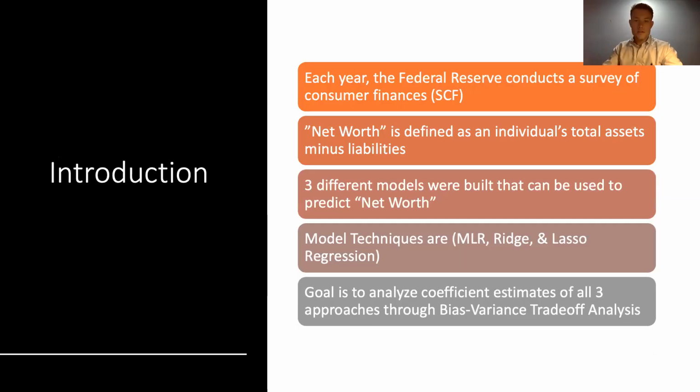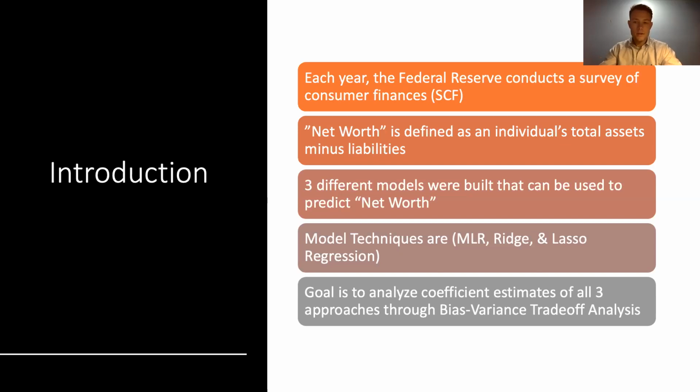So to start, introduction. For my data, I used a survey that the Federal Reserve conducts each year, called the Survey of Consumer Finances, and basically it polls individuals throughout the United States and takes data on all sorts of personal finance issues like assets, liabilities, income, debt, you name it.